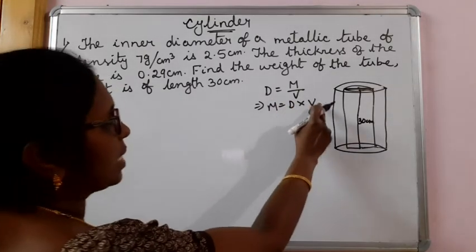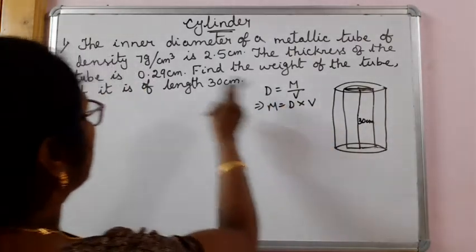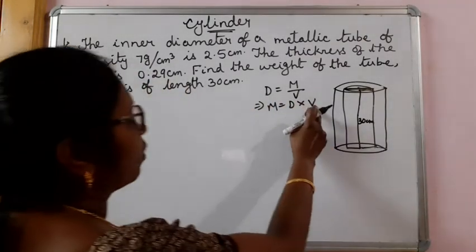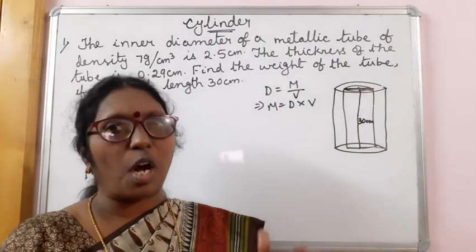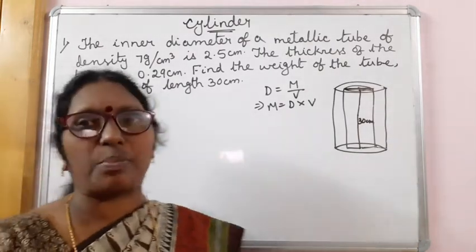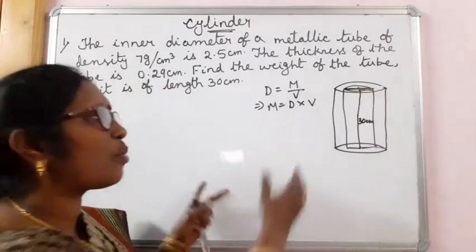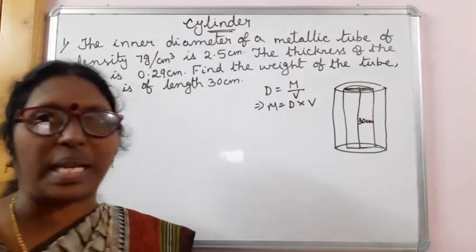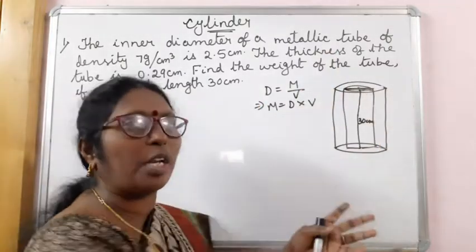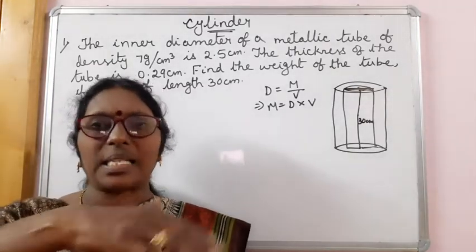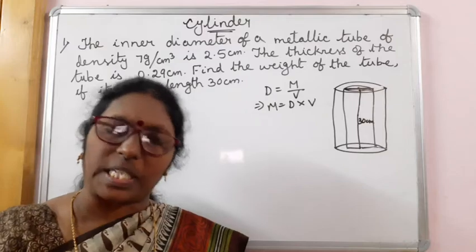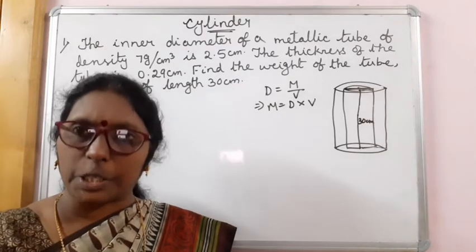That equals density into volume. So density is already given to us. We have to find the volume of the metallic tube, or volume of the metal this tube is made up of. So volume of the metal this tube is made up of is the complete outer volume, as if it is solid, minus the inner empty space which is of cylindrical shape, because it is a tube.